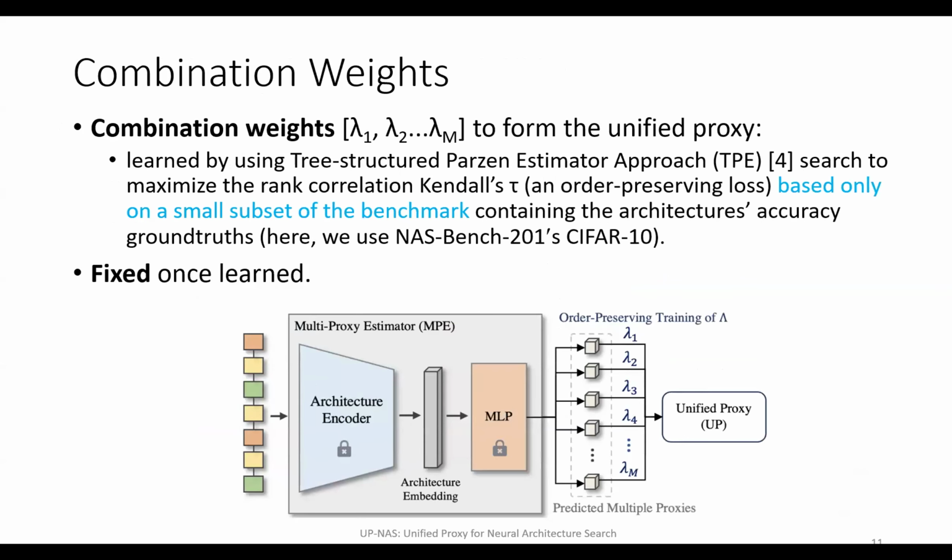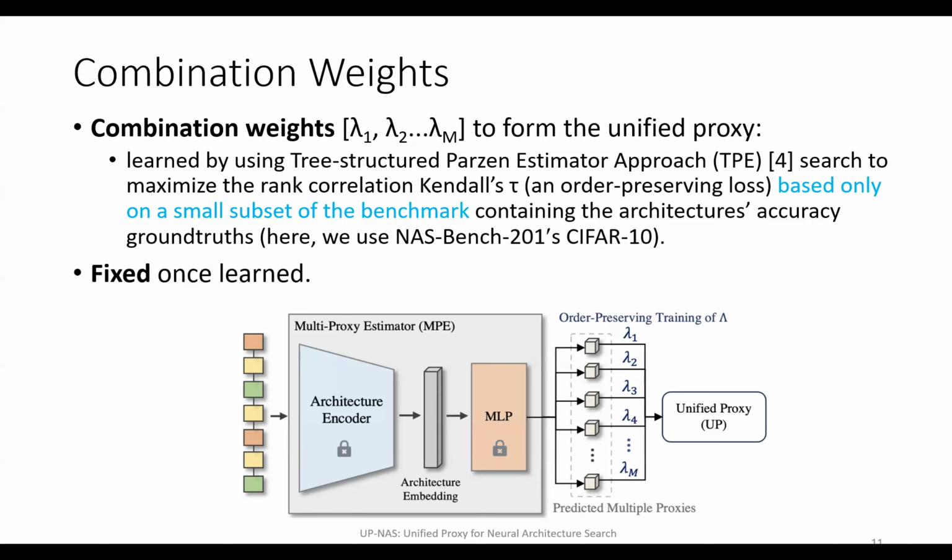As mentioned, the combination parameters are learned based on only a very small subset of the benchmark. Here we use the NAS-Bench-201 CIFAR-10 subset only. The optimization criterion we used is Kendall's tau, an order-preserving loss, to find such weights. Once the weights are found, they are fixed.